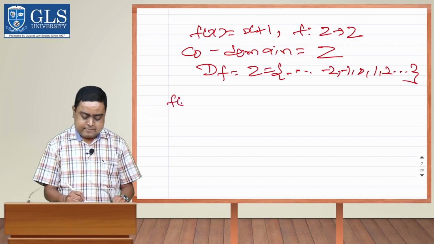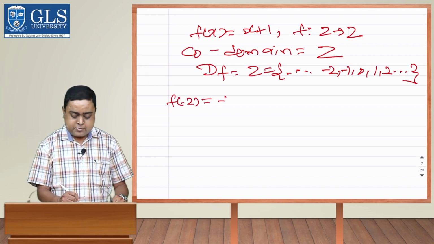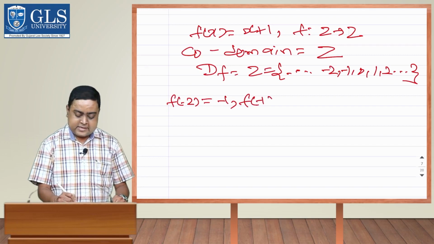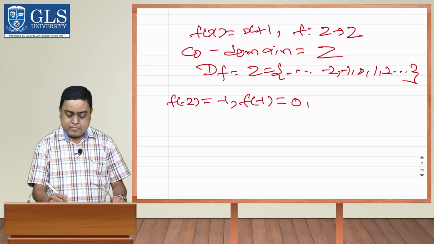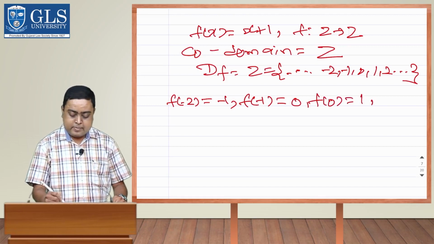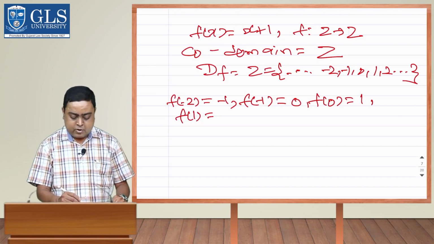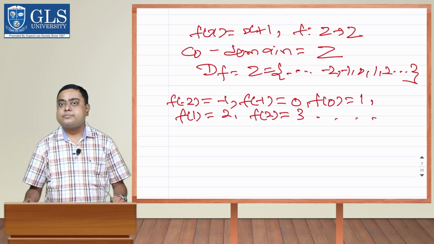Suppose I take -2, putting in the function, I get corresponding value -1. Let's take x equal to -1, then the corresponding value is 0. If I take 0, then I get 1. If I consider 1, then I have 2. For x equal to 2, we have 3, and so on.